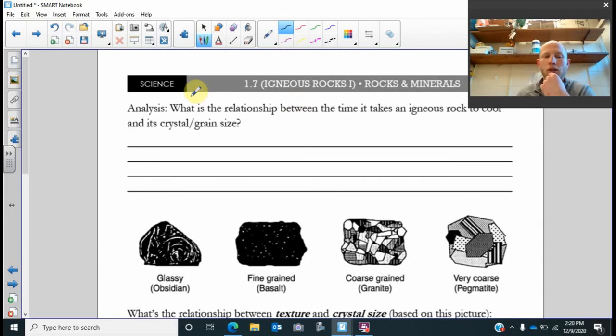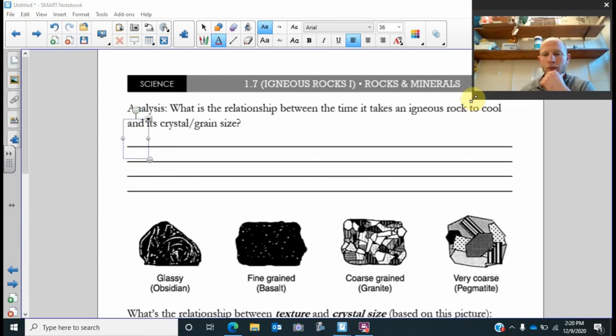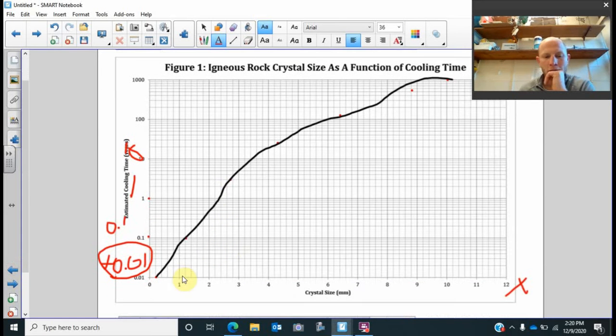We're going to focus on our graph. So what the heck is our graph doing? What's the relationship in our graph is pretty much what it's asking here. So what is the relationship between the time it takes a rock to cool and the crystal grain size? If we come back here and look, as our crystal grain size gets bigger going from left to right, and as the years go on, right, as time goes on, these crystals actually get bigger.